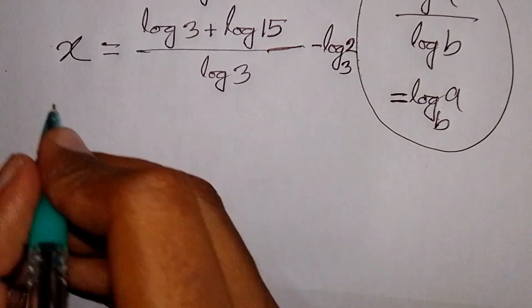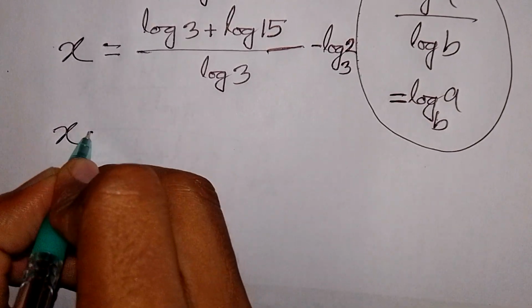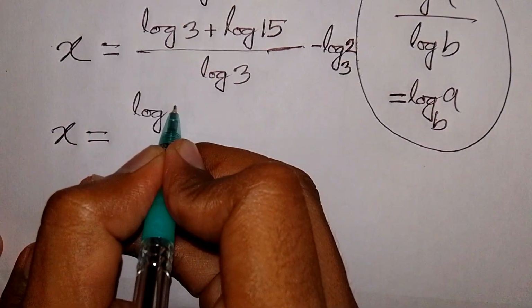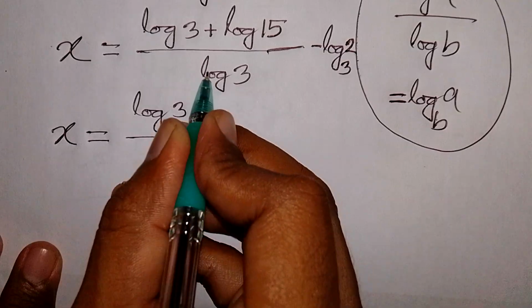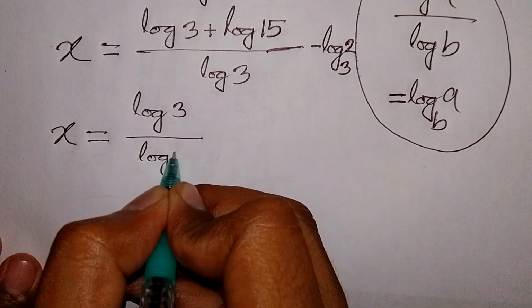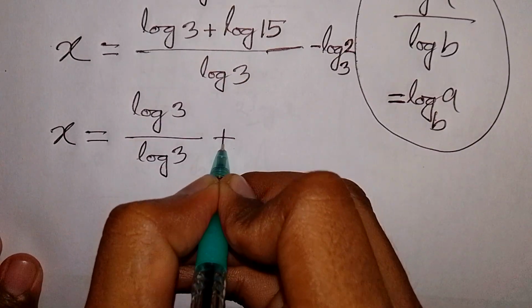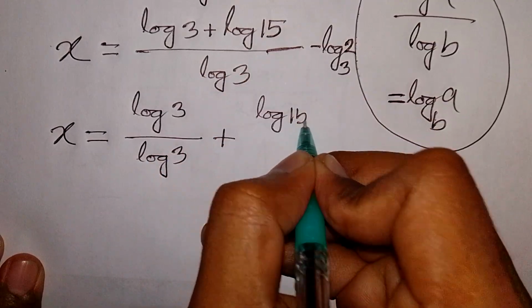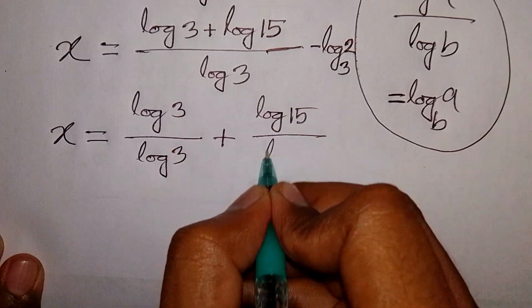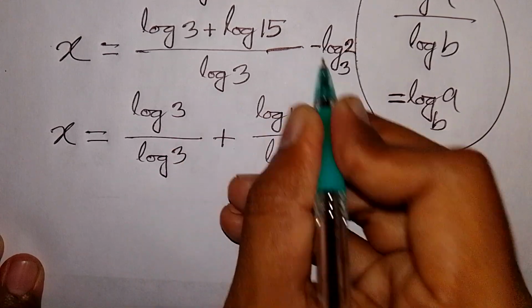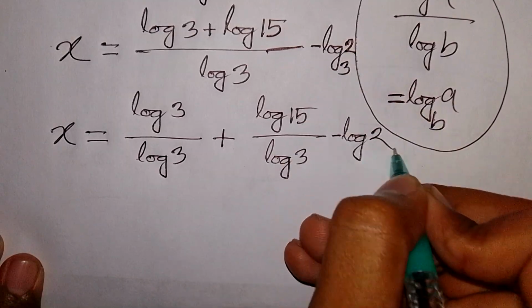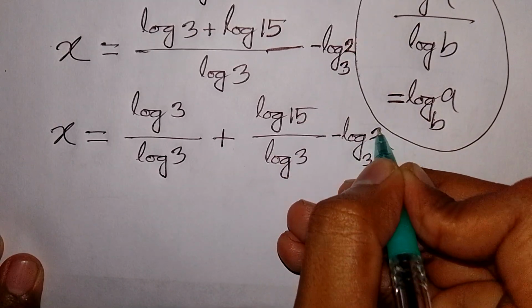In the next step, x is equal to log 3 over log 3 plus log 15 over log 3, then minus log 2 base 3.